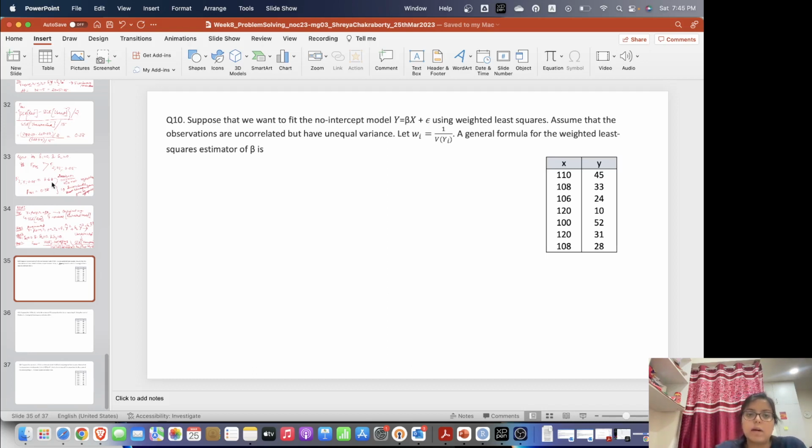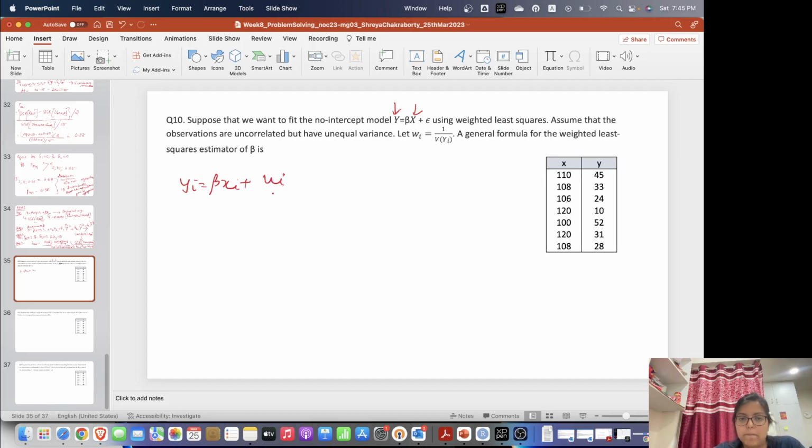Suppose we want to fit a no intercept model. We have only one regressor and one response using a weighted least square.